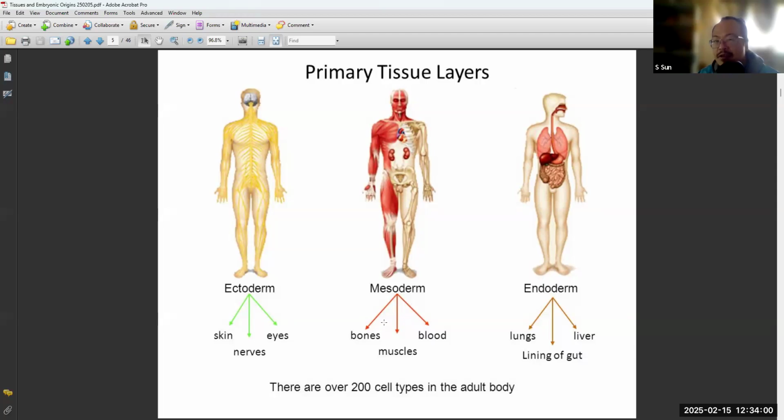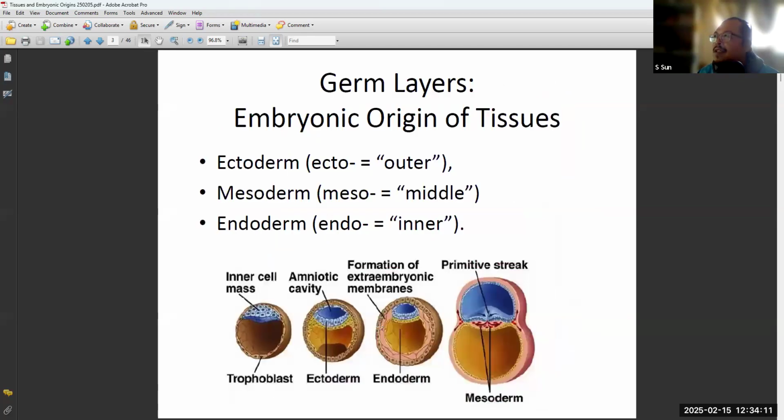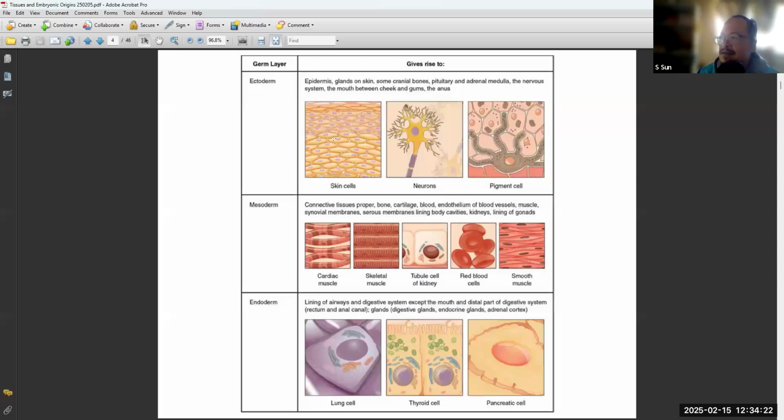So we have many questions involving the embryonic origin of these tissues.